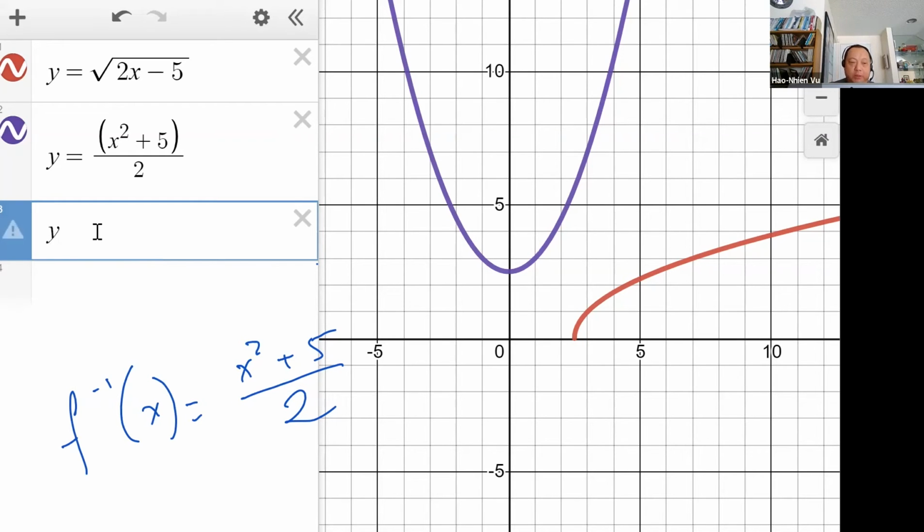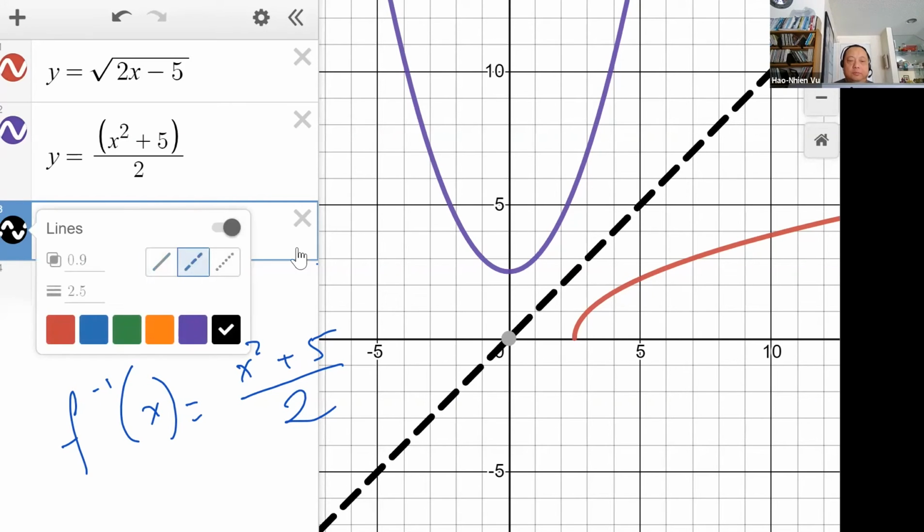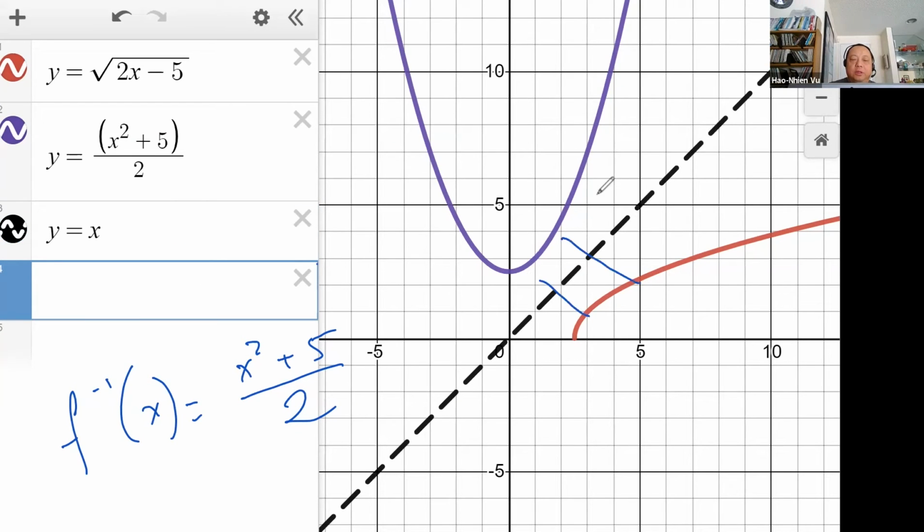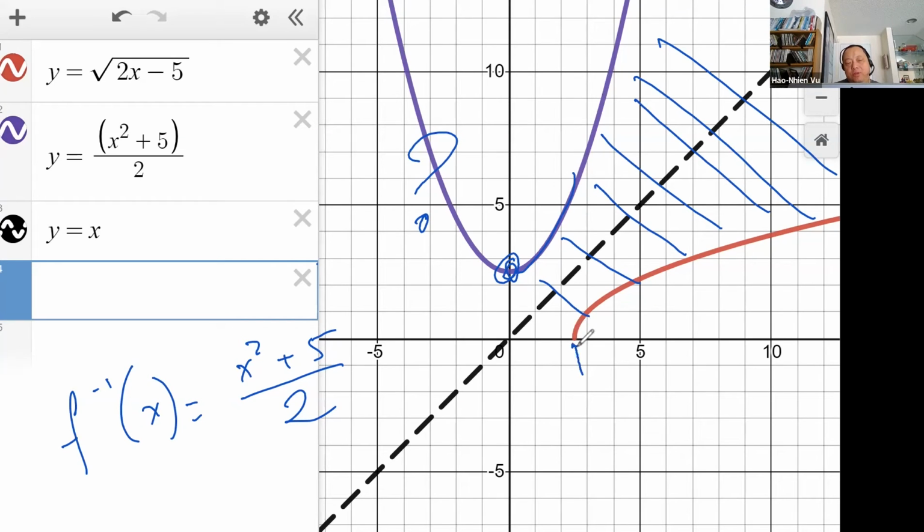So let me put in the mirror. A function and its inverse are supposed to be mirror images across the 45-degree line. And these are not. Okay, this part is, but there's no image here. Where's this part? The image of this branch would have been here, but it doesn't exist.